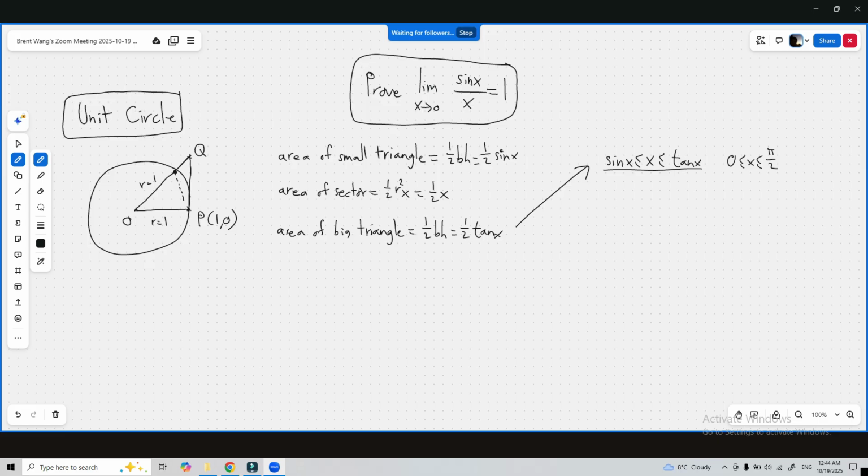Divide all sides by sine x, and you get 1 is less than or equal to x over sine x, which is less than or equal to tan x divided by sine x, which is 1 over cos x. I'm just going to take the reciprocal of all 3 values, so what you end up with is cos x less than or equal to sine x over x less than or equal to 1. Let's take the limit as x goes to 0 on all 3 sides.